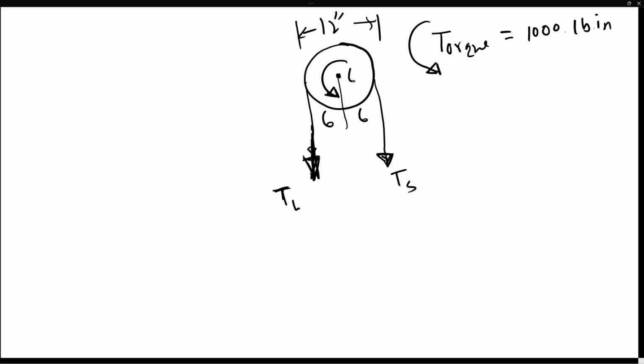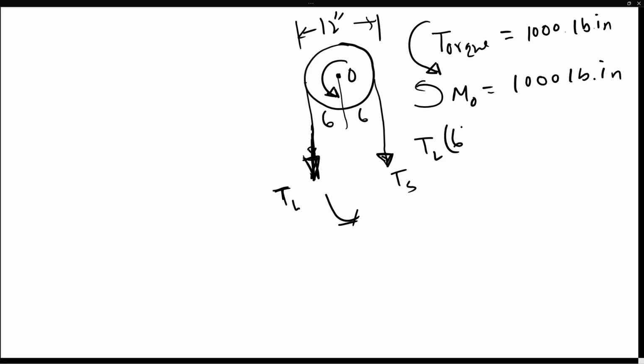So if you take moment with respect to the center, MO, which is given as 1,000 pound-inches, not 0, it is transferring 1,000 pound-inches. So we do TL, a counterclockwise moment with respect to O, times 6, minus TS, a clockwise moment with respect to O, also 6 away from O, and everything sums to 1,000 pound-inches.